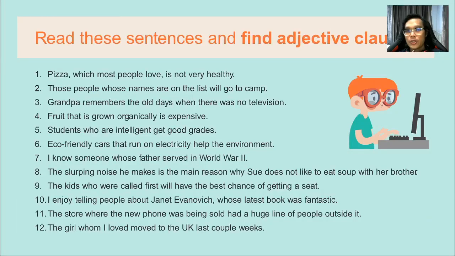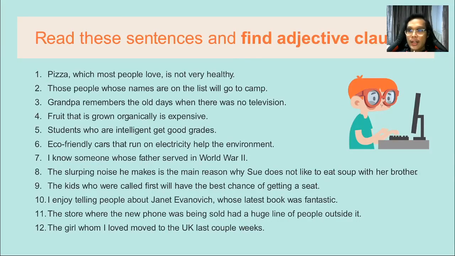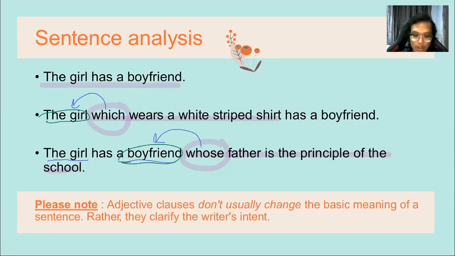I want you to do the same as what we did earlier in the sentence analysis. Find the adjective clause, only the adjective clause, and then circle the relative pronoun. What does it mean by the word relative pronoun? For example, this one we call a relative pronoun.